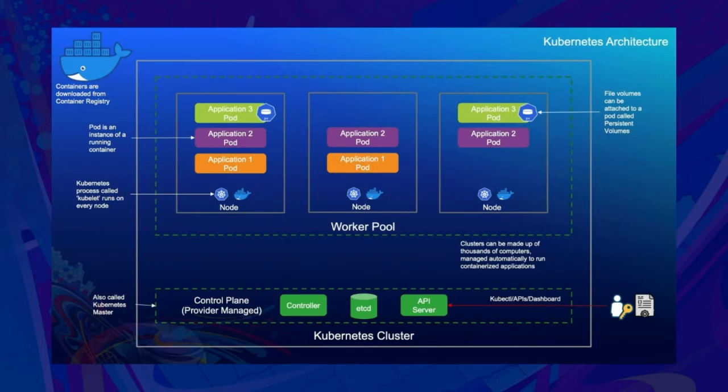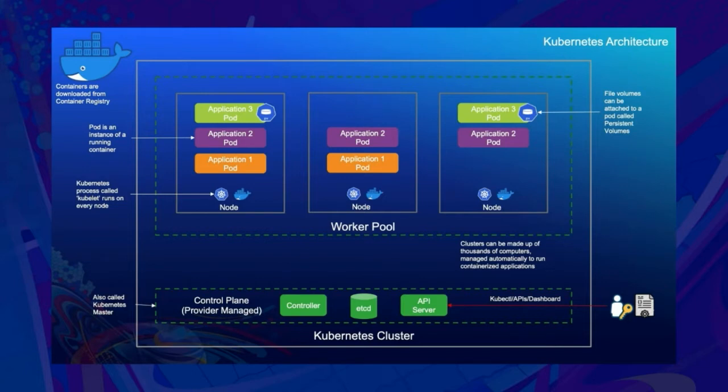Applications can be made up of many such pods across the nodes. And based on the nodes, the worker pool can be configured to scale automatically. And as a result, the provider will add nodes to the cluster if there is additional capacity that is needed for your applications.